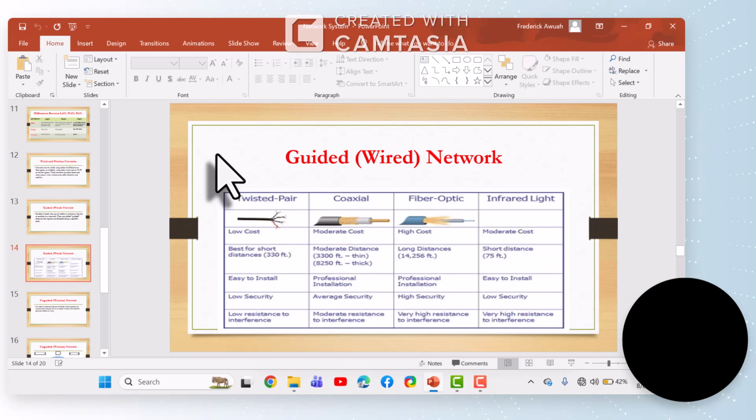The coaxial is used for TV, satellites and other things; that's the cable they normally use for signals. And the fiber optic, as I said, is used for the backbone of the internet. So when you are connecting from the main source to the office area, you can use the fiber optic. So those are the examples or types of wired network.